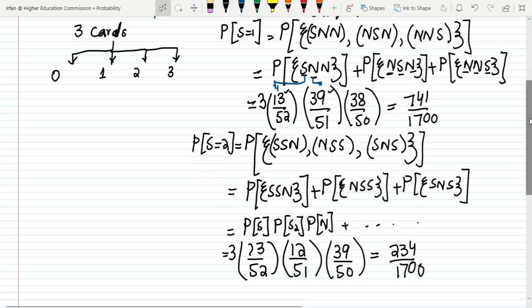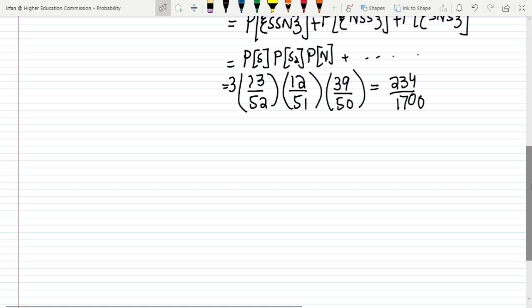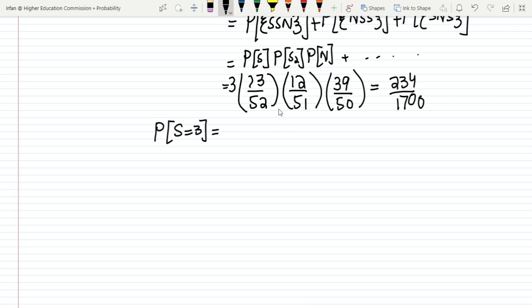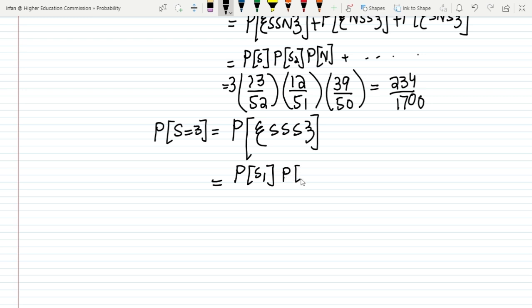Now let me move down, and for it the 3 spades. The probability that we have spades equal to 3 is only the item where we have spade, spade, spade. Now let me put their values here: the probability of spade 1 multiplied by the probability of spade 2 and the probability of spade 3.